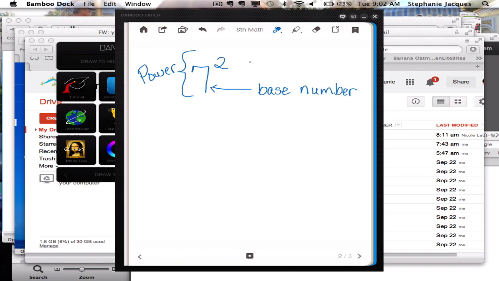And then the number right here is called the exponent. And when you write it like this, it's called exponential form. So that is exponential form.